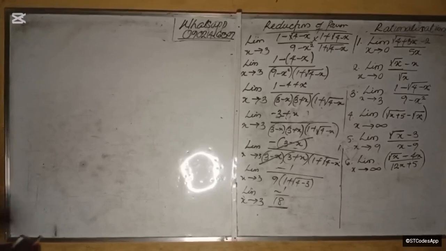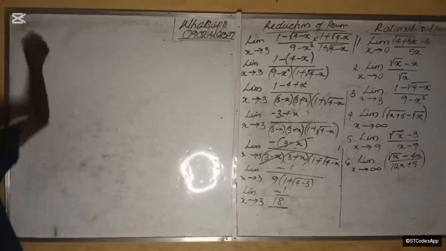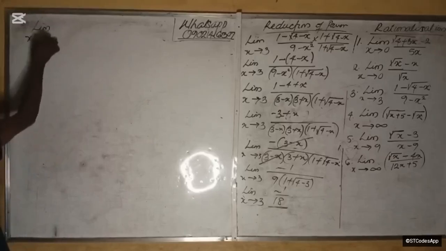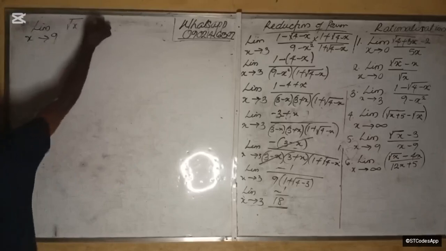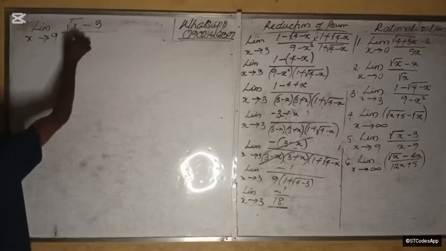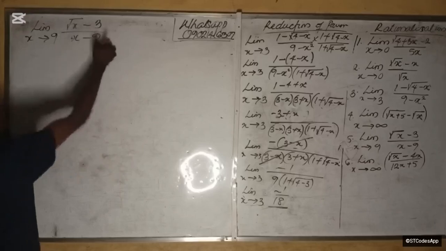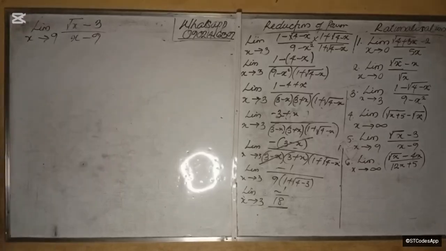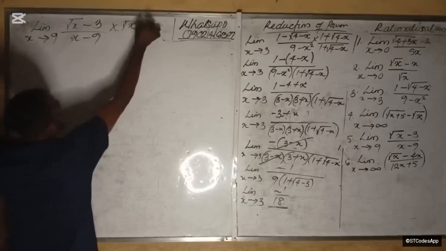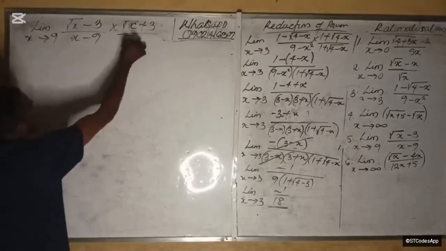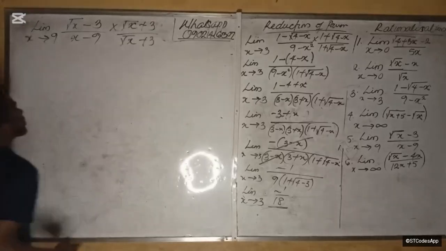So now we have the limit as x approaches 9 of root x minus 3. I'm trying to make my handwriting bolder, more legible. So we are going to rationalize the numerator by root x plus 3 over root x plus 3.